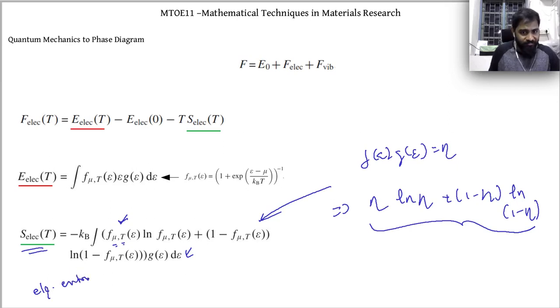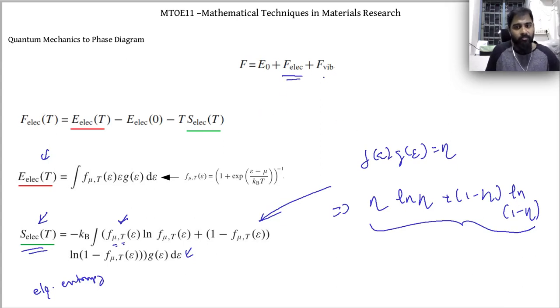So we were able to make sense of band energy, and we were also able to reason out why this is the formulation of the electronic entropy, because it stems from our classical description of configurational entropy. Now this gives an account for our free energy contribution from the electrons.